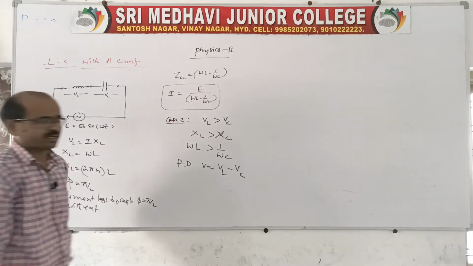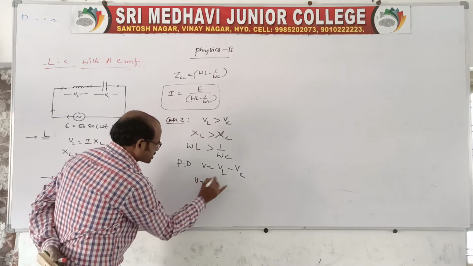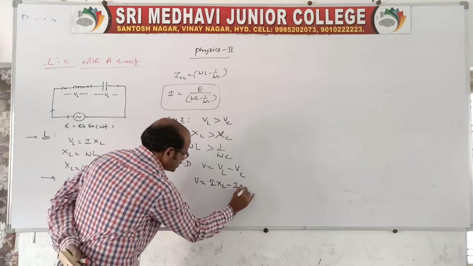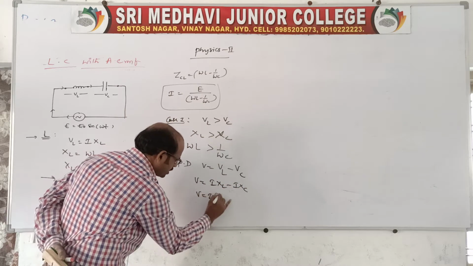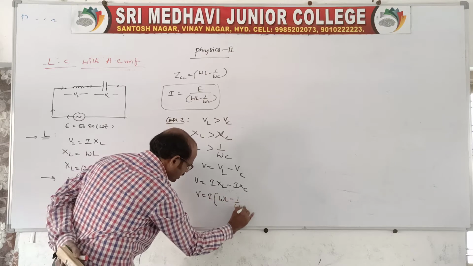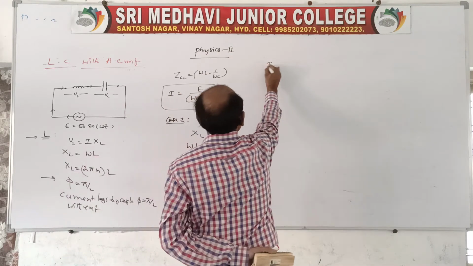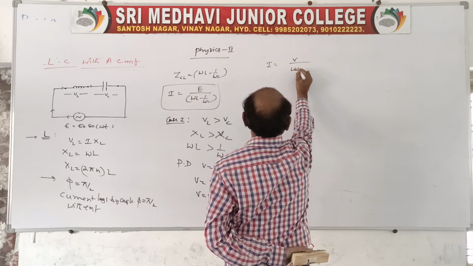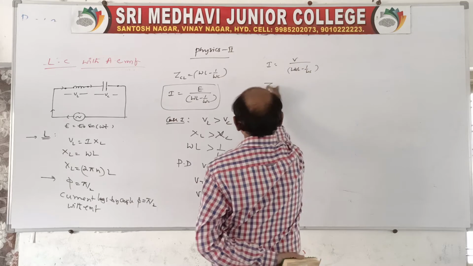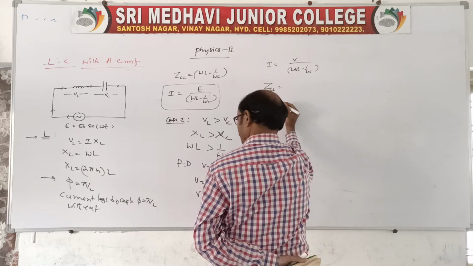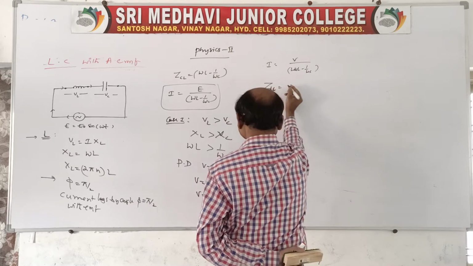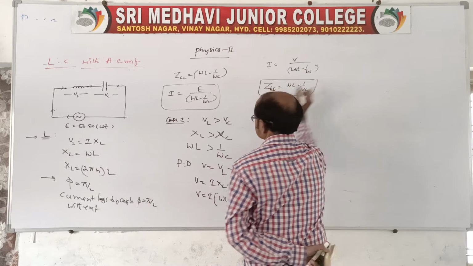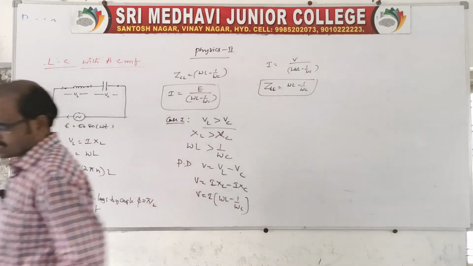Therefore the resultant potential difference will be VL, which is I into XL, minus I into XC. Therefore V is equal to I into (ω L minus 1 by ω C). Therefore current I is equal to V by (ω L minus 1 by ω C), which is ZLC, when the situation is given as VL greater than VC.